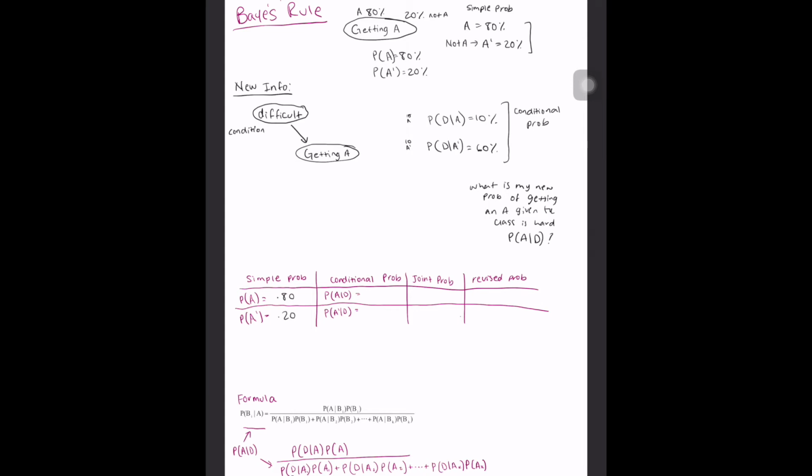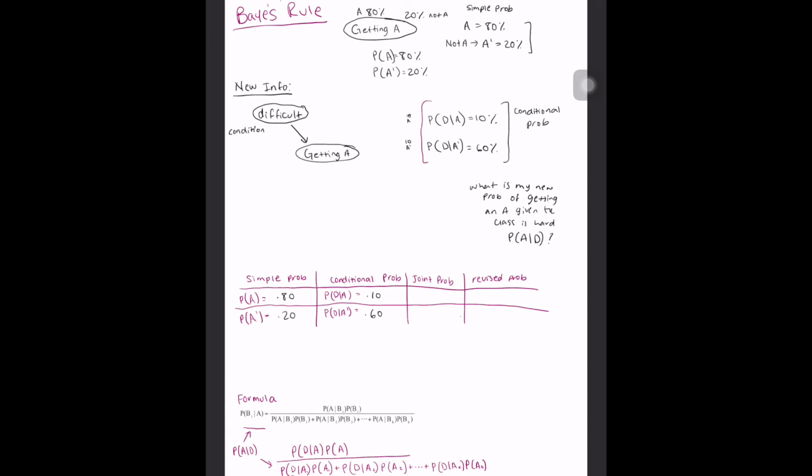Probability of getting an A given that the class is hard? Well, we actually don't know those. We would be looking for the probability of D given A and D given A prime, which is what we've collected here. So that is 0.1, and this is 0.6.